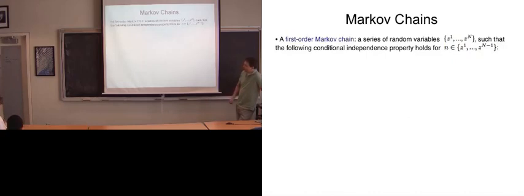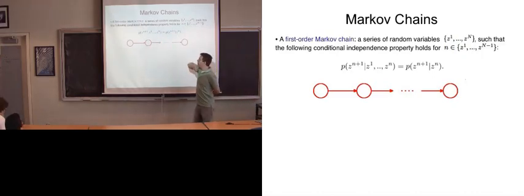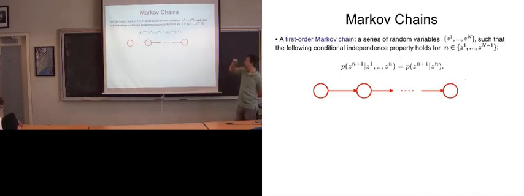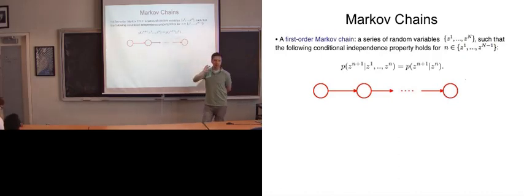So, first order Markov chain. Imagine that you have a series of random variables z1 up to zn, such that the following conditional property holds. The probability of the random variable z_{n+1}, conditional on all the previous random variables, is just given by this conditional probability, where you're just conditioning on the previous one.